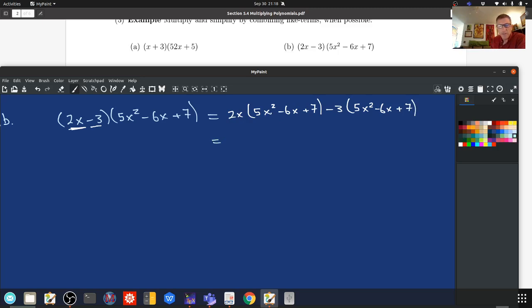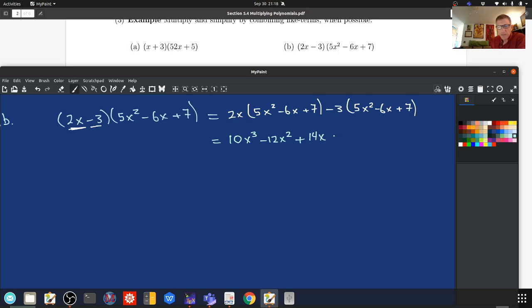2x times 5x squared, well, 2 times 5 is 10. X times x squared is x cubed. So 2x times minus 6x, so 2 times minus 6 is minus 12. X times x is x squared. Then 2x times 7 is plus 14x.